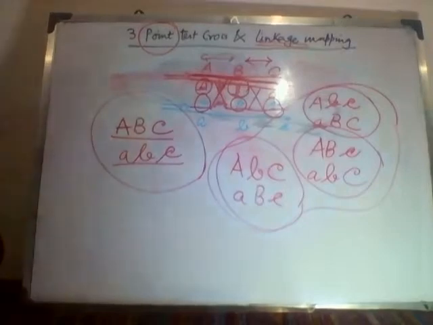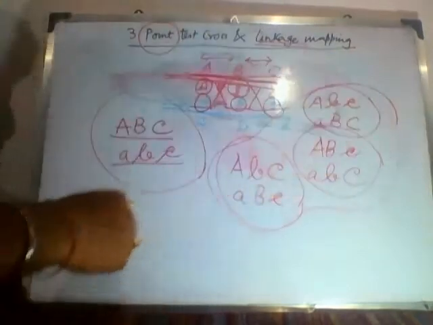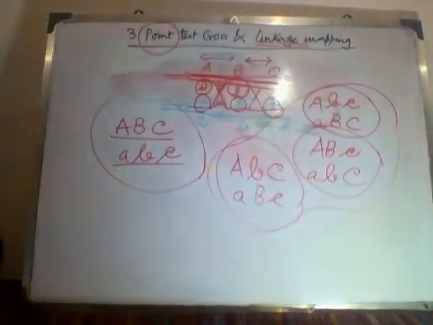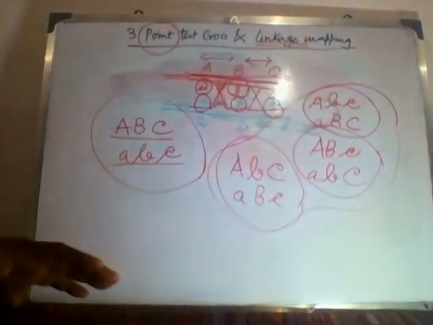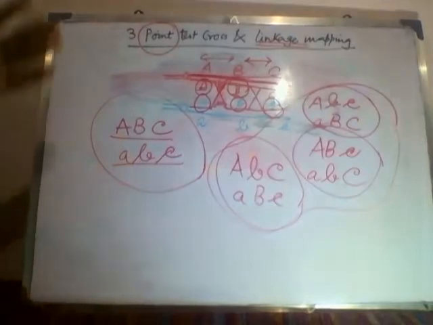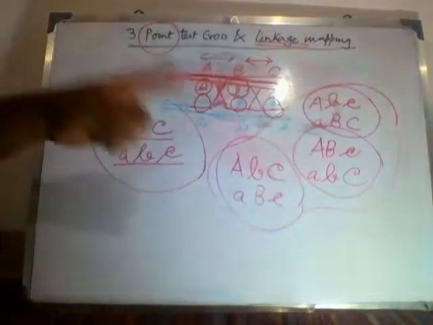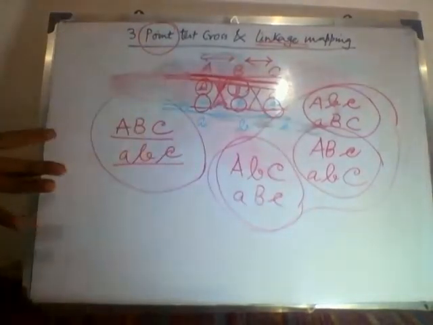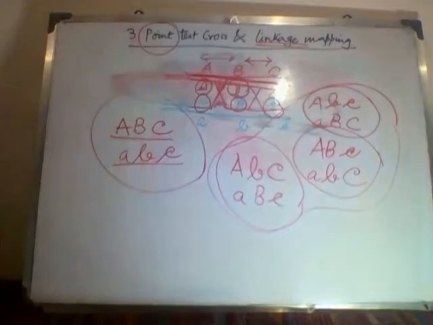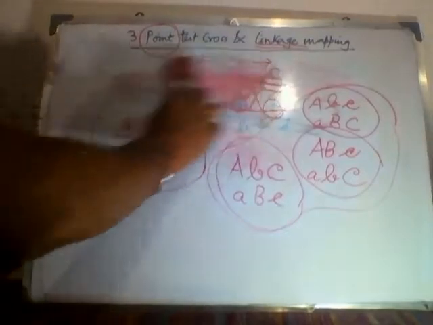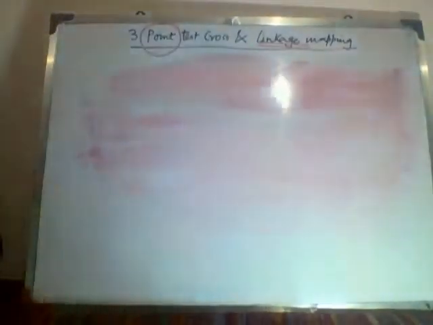Second, these two types, the single crossover types, are also probable, but the probability of this double crossover type is really very low. So from this example, from a test cross data, we can assign which class is parental type and which class is a double crossover type.